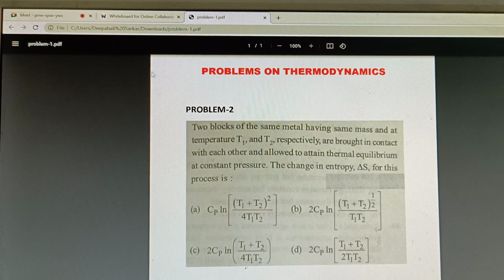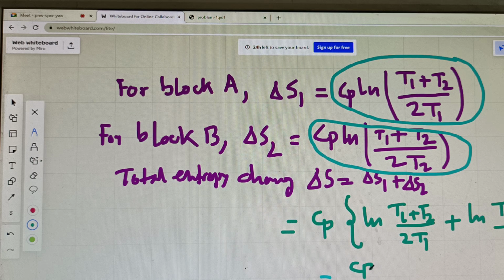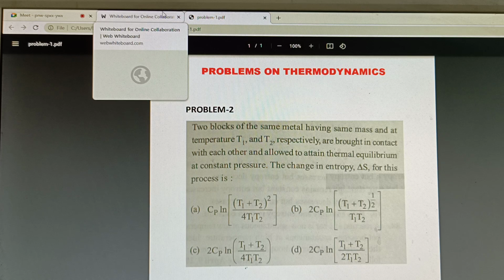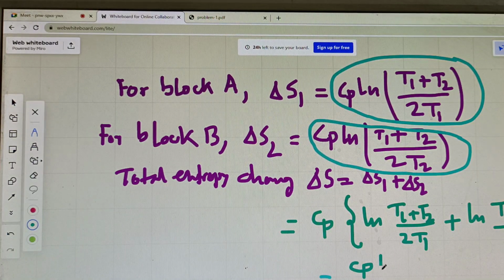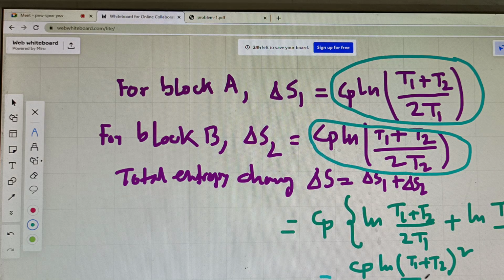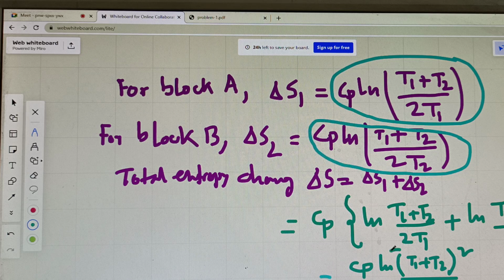So the option will be option A, right? So it will be Cp ln (T1 plus T2) whole square by 4 T1 T2, and this will be in brackets.